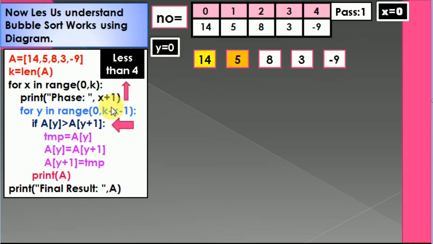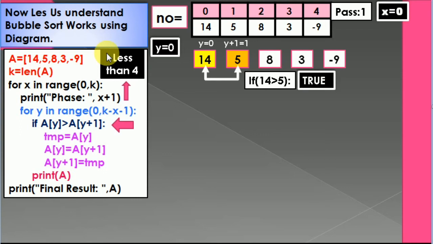That means the condition is going to be checked, a of y is greater than a of y plus 1. It means 14 is going to be checked with 5. Y is 0, y plus 1 is 1. It's going to check if 14 is greater than 5. The condition is true. If the condition is true, values swap, means values are going to change, means 14 goes this side and 5 comes this side.